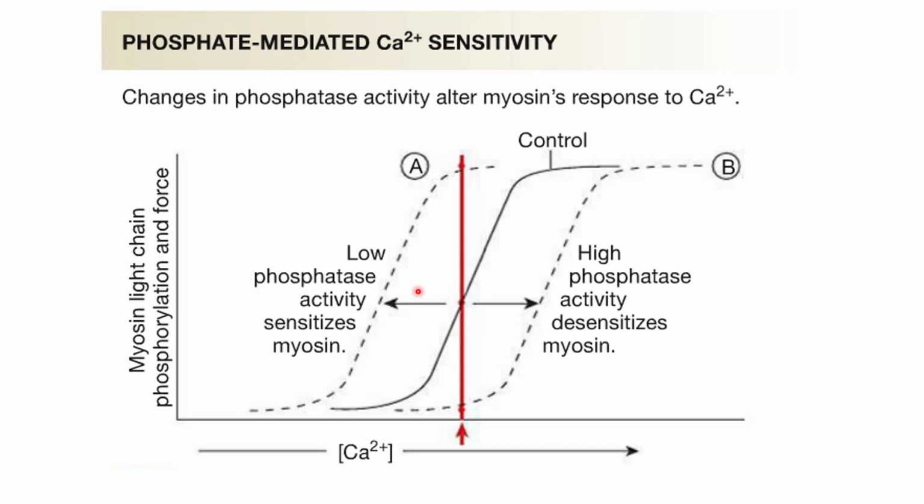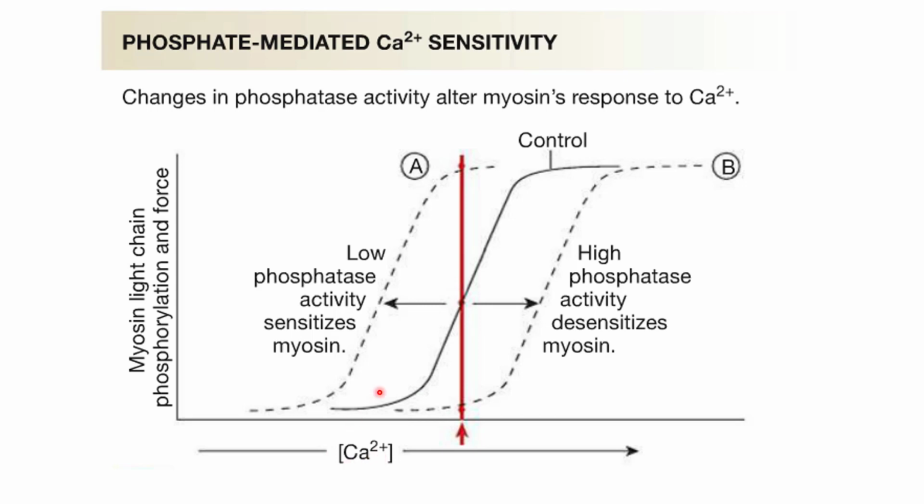But what happens is that the cell can alter that phosphatase activity, where it sensitizes myosin and becomes more active at a lower calcium, to where we can still generate a full contraction, perhaps at a much lower calcium concentration.